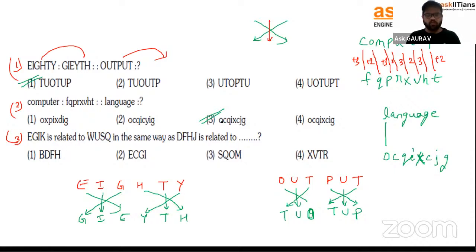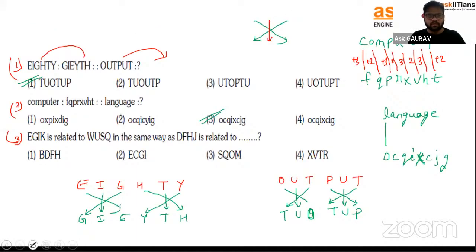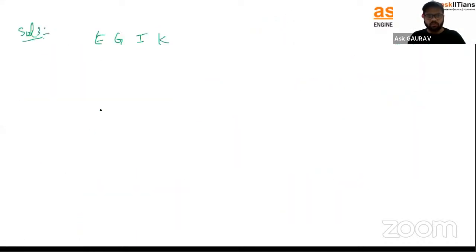Yes, guys, go for question number three. The solution for the third: EGIK, and the corresponding letters are WUSQ.